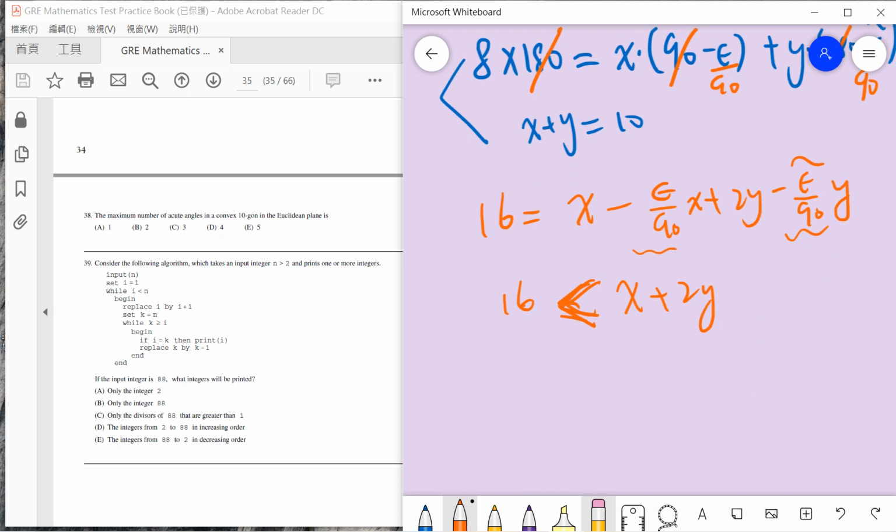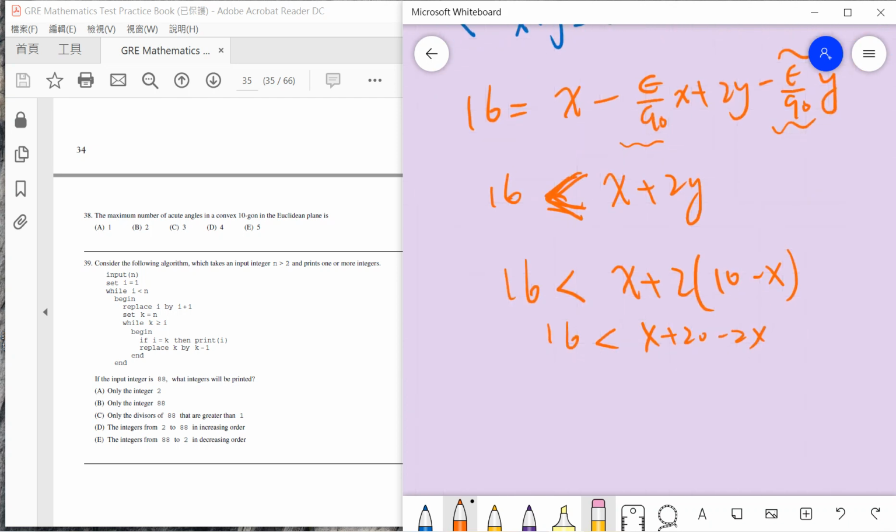But x plus y is 10. So 16 is smaller than x plus 2 times (10 minus x). So this tells you that x is smaller than 4. So the largest is x equals 3. So this problem is somewhat tricky, but you can solve it. So we choose C.